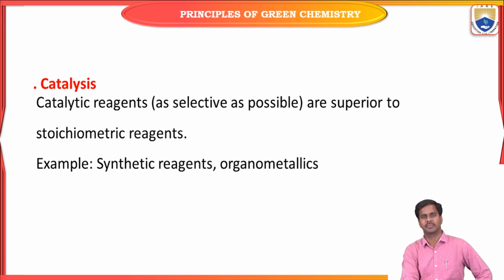The substance which is used to increase the speed of the reaction is known as a catalyst. That phenomenon is known as catalysis. So in a particular reaction, we should select eco-friendly catalysts, or catalysts of less hazardous nature, to use in a chemical reaction.